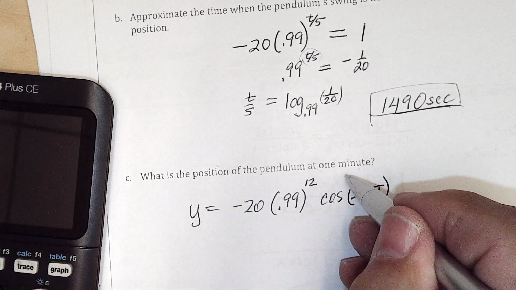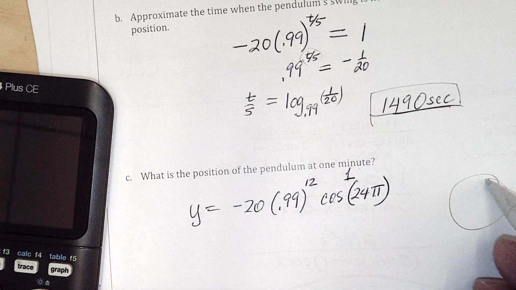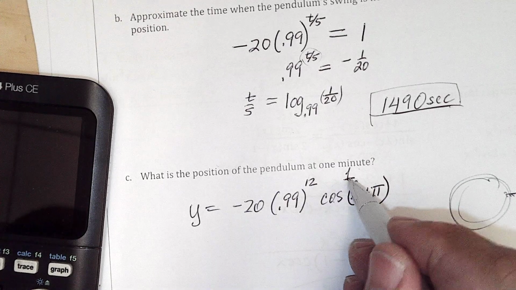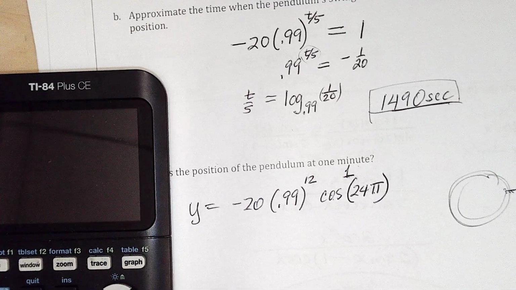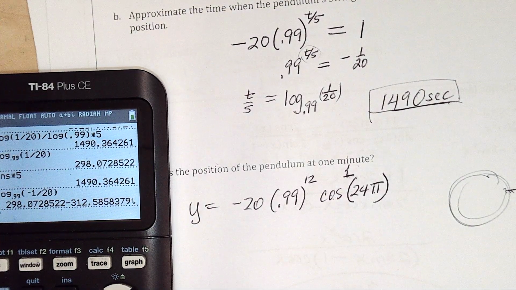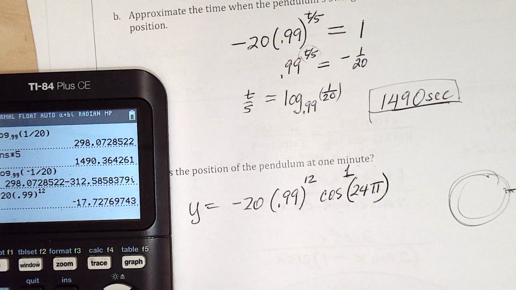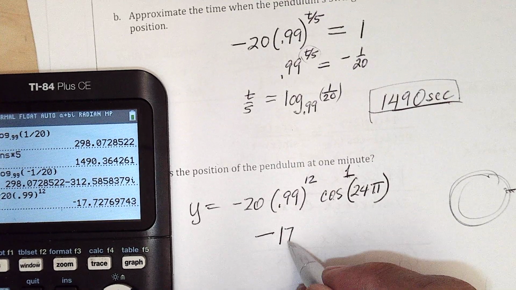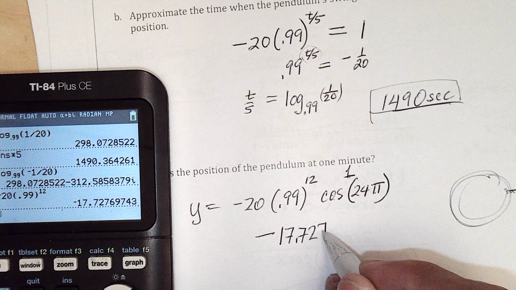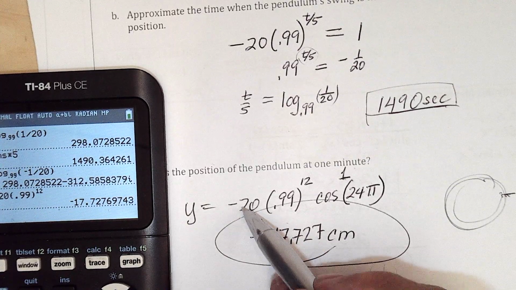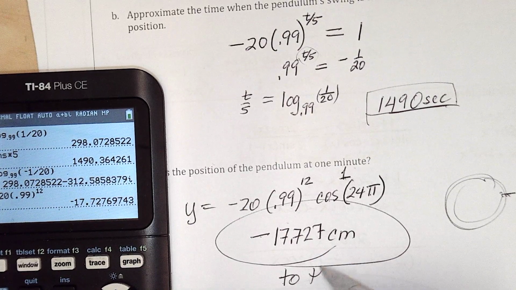Cosine of 24 pi is 1, because that's an even number of times all the way around the circle, even number of pi, so I end up here. Cosine is 1, so it's just going to be negative 20 times 0.99 to the 12. It'll be at negative 17.727 centimeters. Since it's negative, it's to the left.